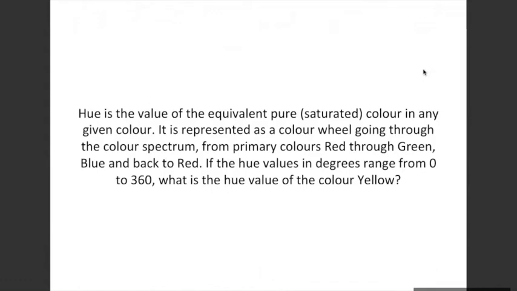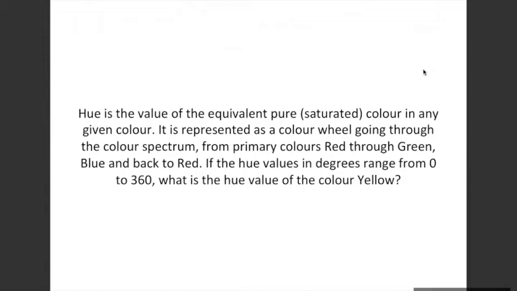For solving this question, you need to draw the color wheel. Otherwise, without drawing the color wheel, you won't be able to solve this question. The color wheel, which has red, green, and blue as its primary colors, not the CMYK color wheel, but the RGB color wheel.